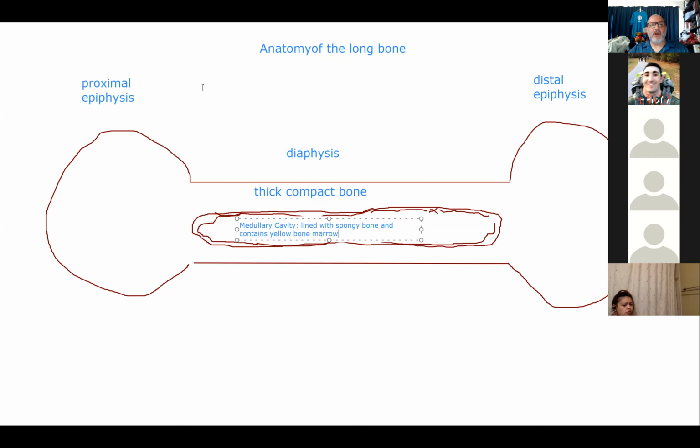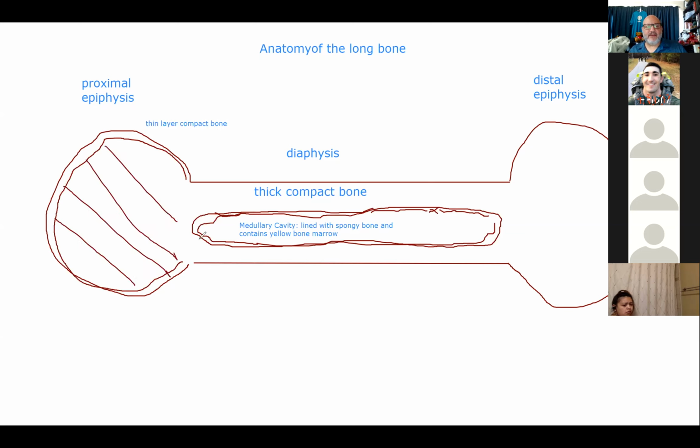Excellent. Our epiphyses, on the other hand, have a very thin layer of compact bone. So again, we have a thin layer of compact bone. And instead have a large amount, and again, I'm just going to do it as a hash mark type of thing, but remember, this is all irregular in its shape.